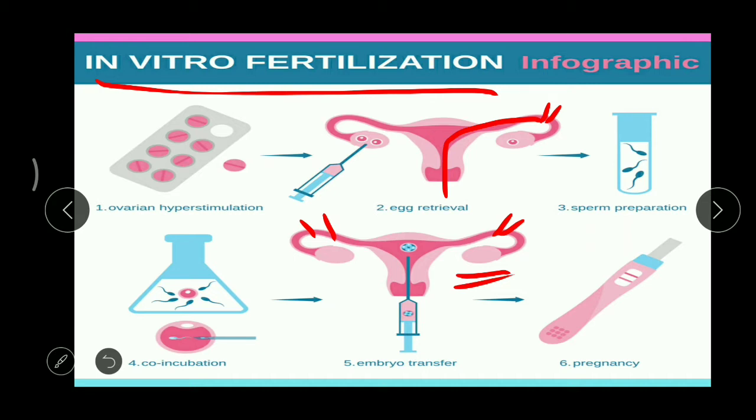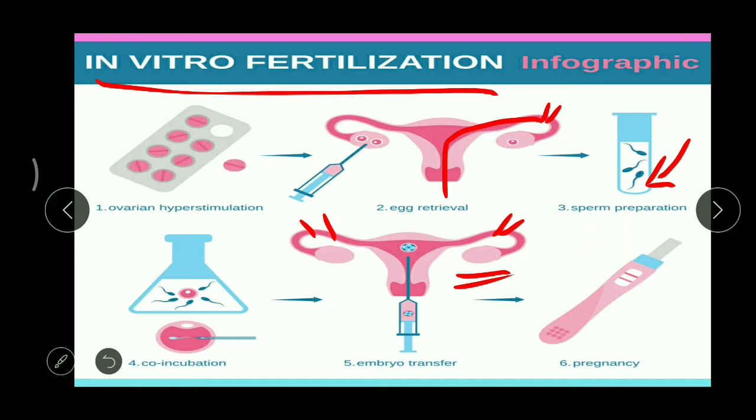In this method, the doctors will collect the sperms and the ova freshly from the mother and from the father. From the mother they collect ovum, and from the father they collect sperms. Then these two are put in a test tube like this, so that inside the test tube both the sperms and the ovum fuse.